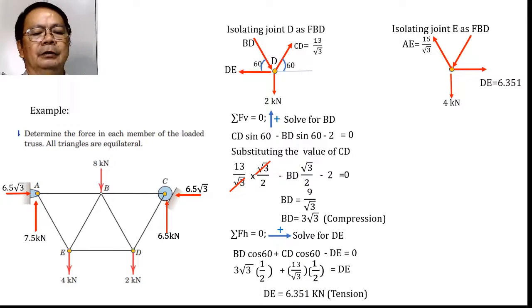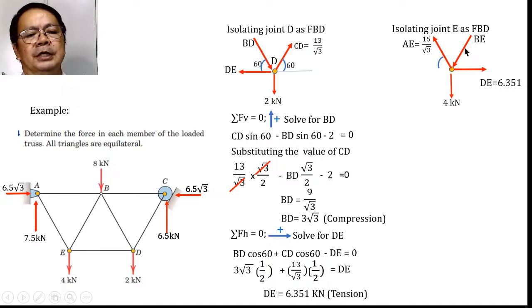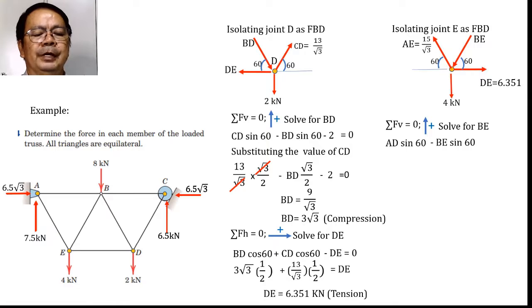And this is our BE. So, define natin to because this is directed upward. Therefore, it will be balanced by a downward component coming from EB. And you have this value. This angle is 60. So, we can solve for this BE by summing up forces vertical equal to 0, then upward positive. So, we have here AE sine of 60 minus BE sine of 60 minus 4 kN shall be equal to 0.